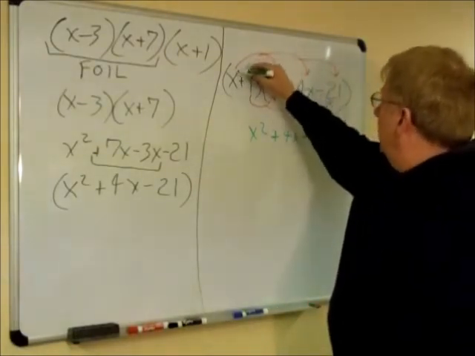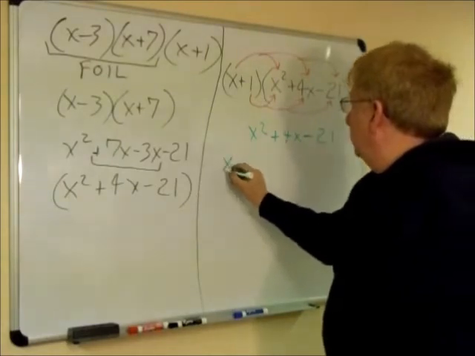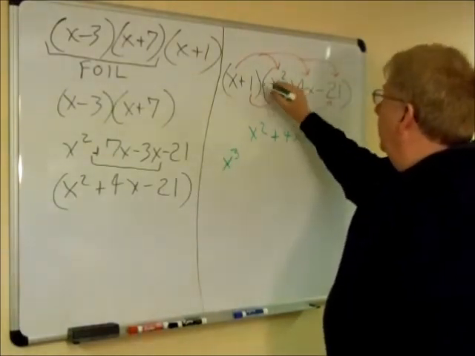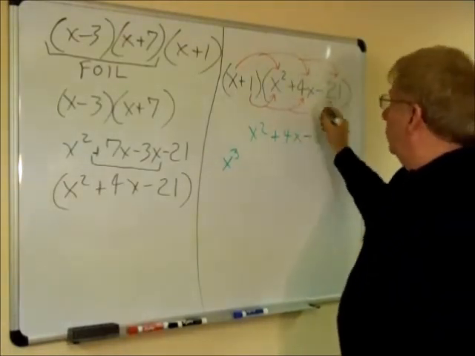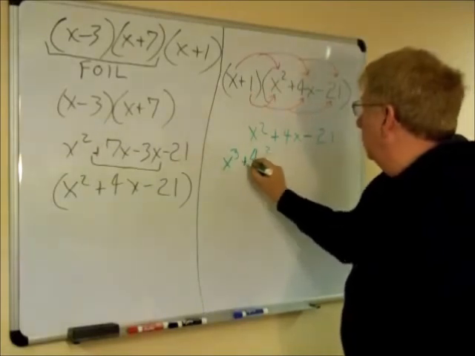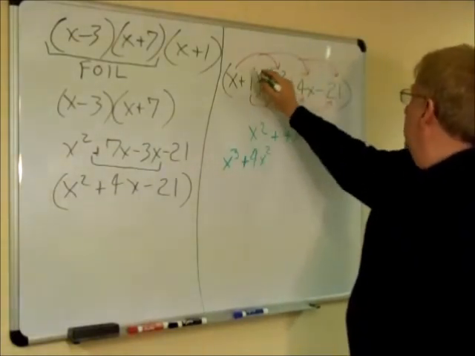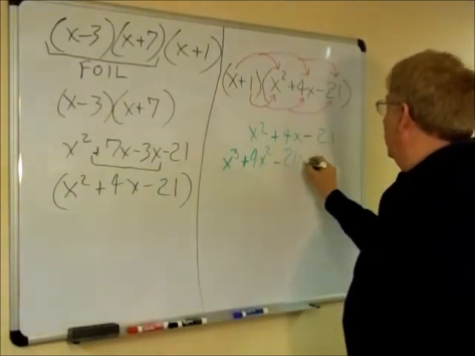Now we'll distribute this x times each term. X times x squared gives us x cubed. Put that over here. X times 4x gives us 4x squared. X times minus 21 gives us minus 21x.